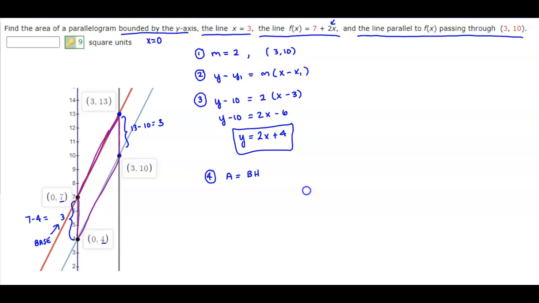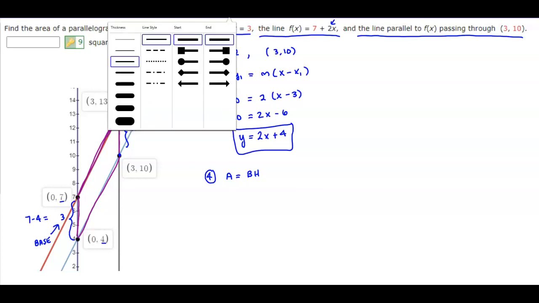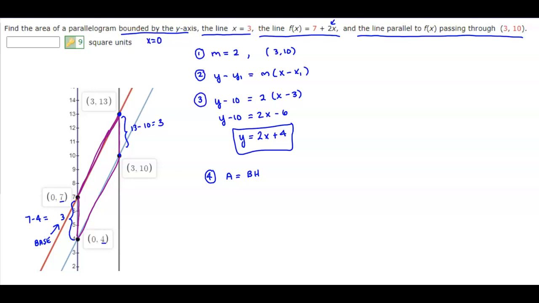Now we need to figure out the height of this parallelogram. The height goes from this distance to here. So what is the x distance? The distance from here to here is 3.